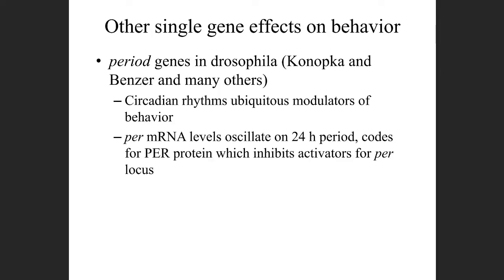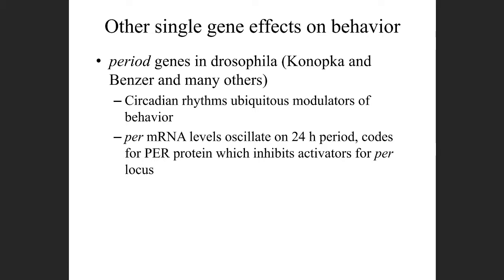A whole other set of genes that have important effects on behavior are the timing genes, the period genes in Drosophila that regulate circadian rhythms. So circadian rhythms are internal time measures, internal rhythms that regulate appropriate behavior at appropriate times, like wakefulness versus sleep.